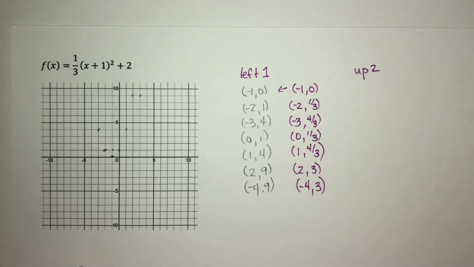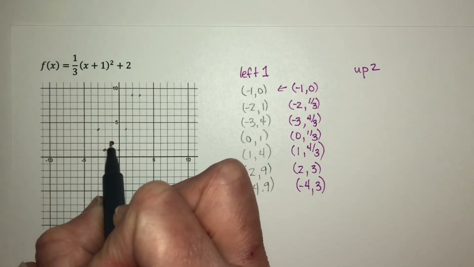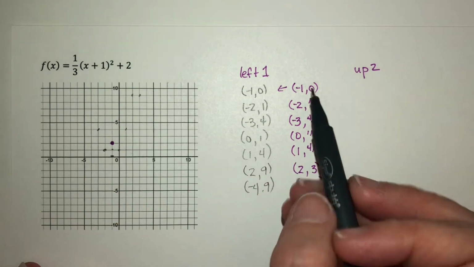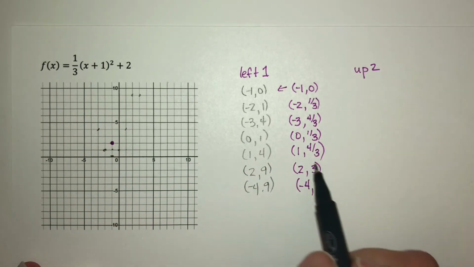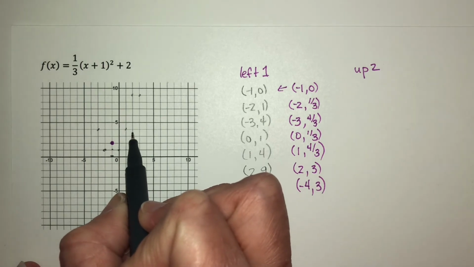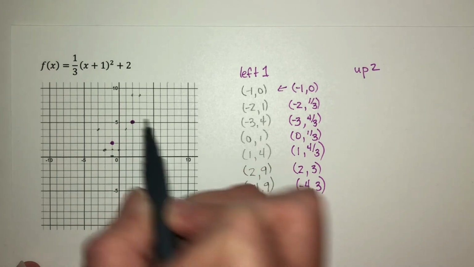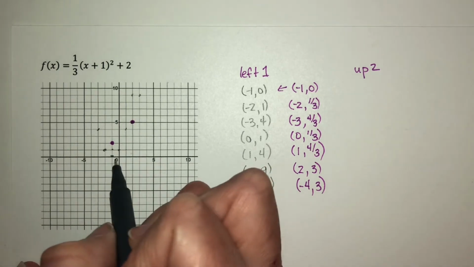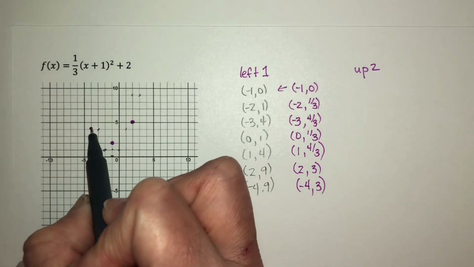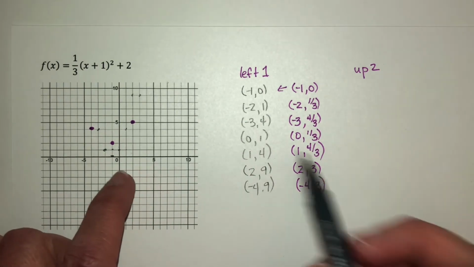Okay, so negative 1, 0 moved up 2 is here. I'm going to go to these because they're nice. 2, 3. Move that up 2. And that's here. Negative 4, 3 is there, and obviously I messed up right here.